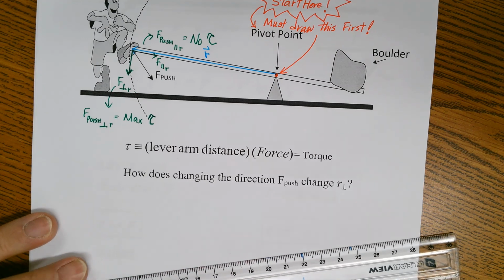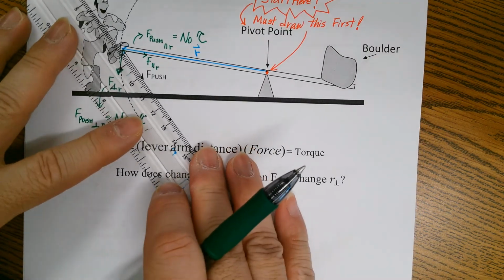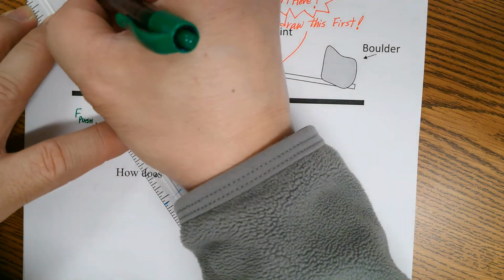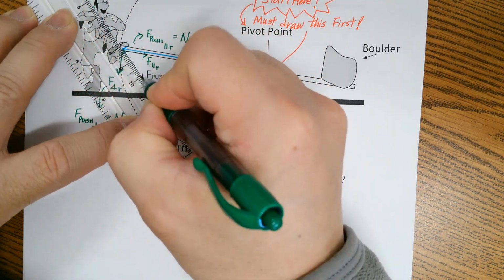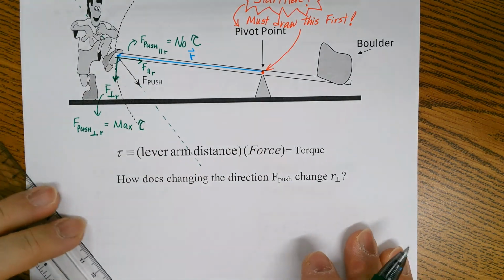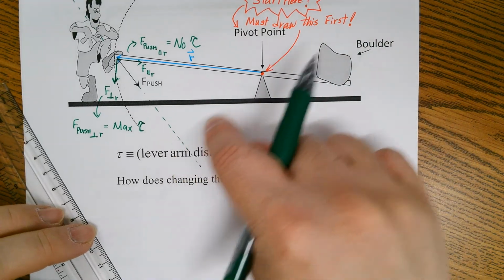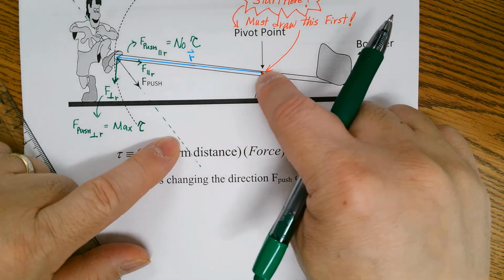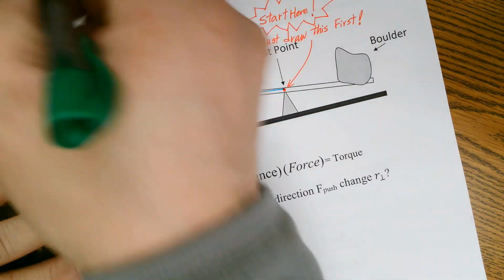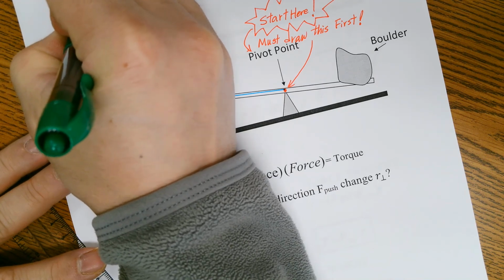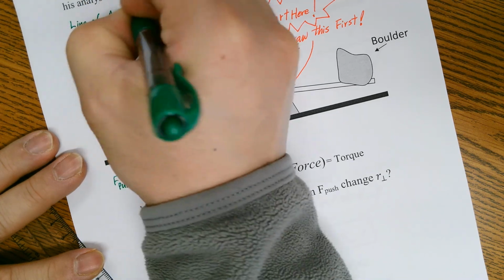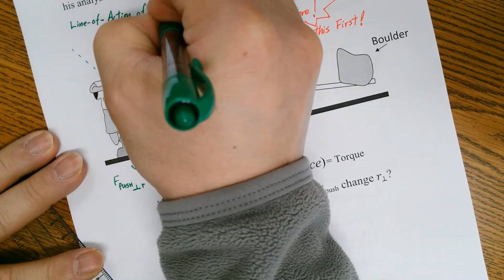Another way of looking at this is if this is the line of action, let's say this is the line of action where the force push is. Now, this is the second way of looking at it, okay? The radial distance from the pivot point that is perpendicular to this line of force action, I'm going to say line of action of F push.